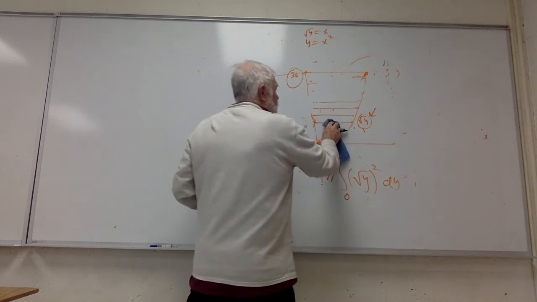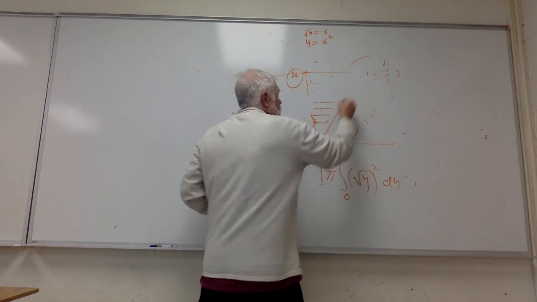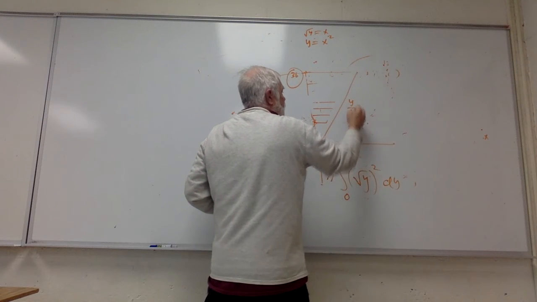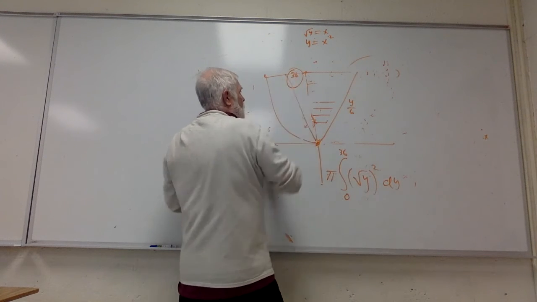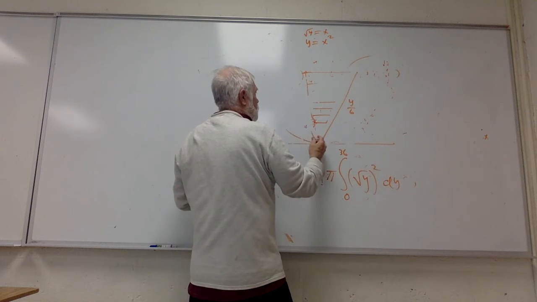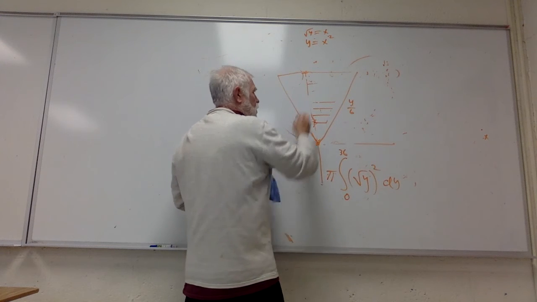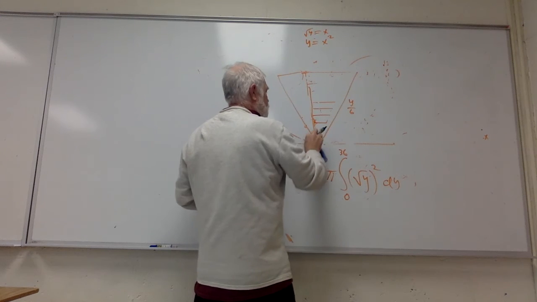Let's do the disk. Y over 6. That's going to look like this. Well, that looks like an athletic cone. Not a very symmetric one at that.